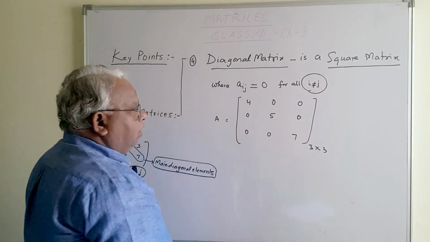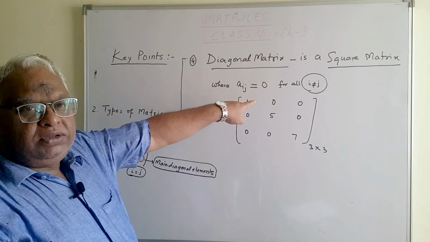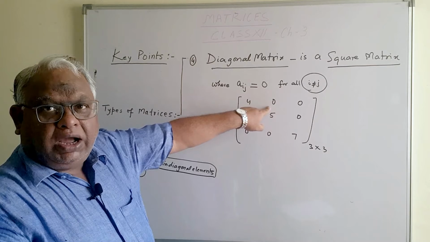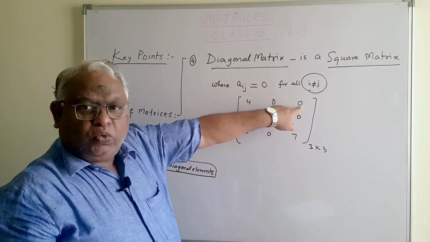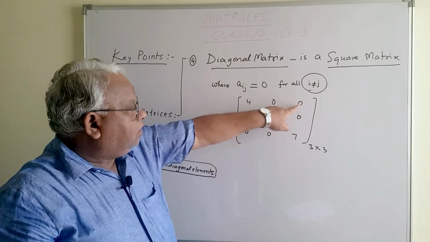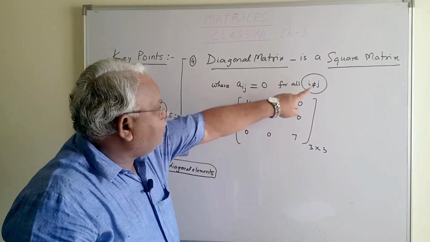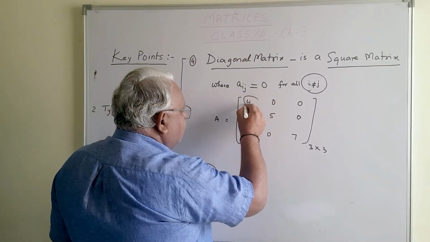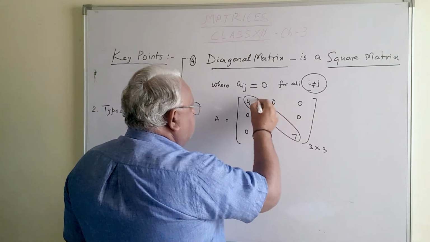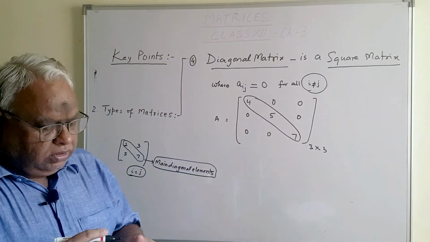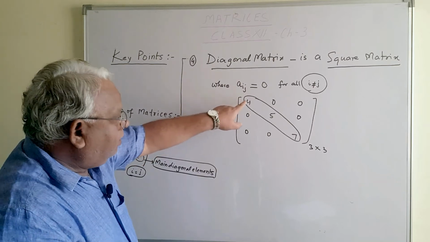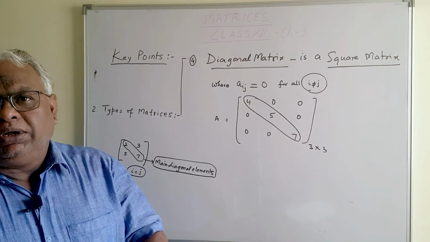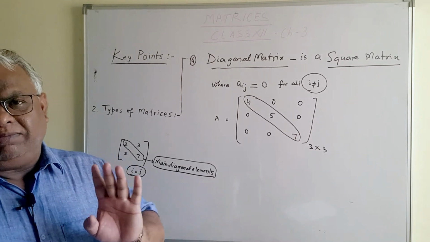Look at this position. What is this position? Yes, correct. This is A12. It means I is not equal to j. This is 1, 3. Yes, I is not equal to j. So wherever I is not equal to j, the elements will be defined. And what do you understand by this example? That all the elements on the main diagonal should not be 0 at the same time.